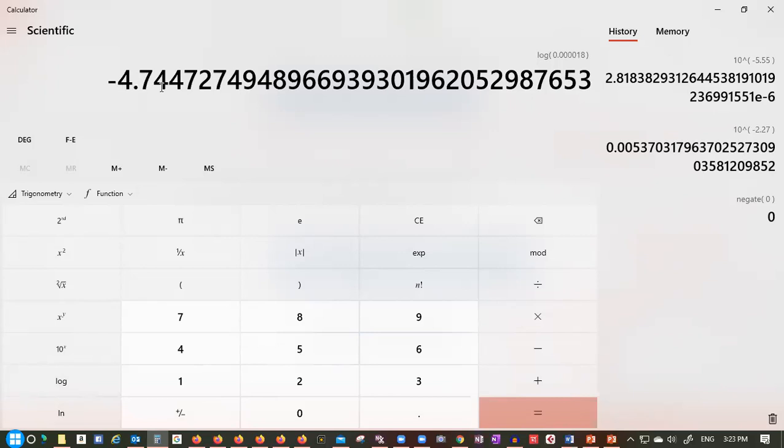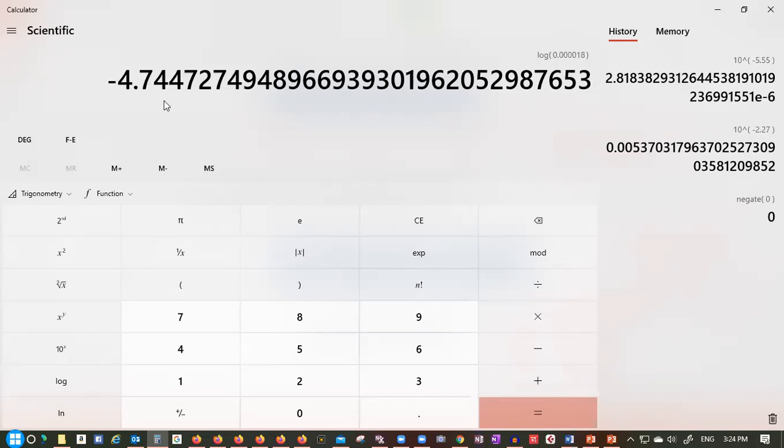But since the equation says negative log, then negative times negative cancels that. So the purpose of the negative in the formula is just to convert your result to a positive number. So the pKa for the acid is going to be 4.74.